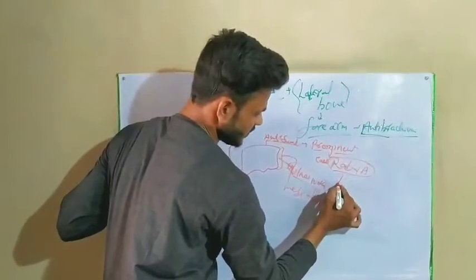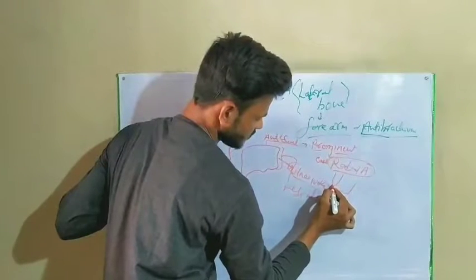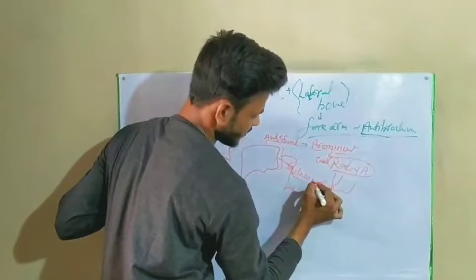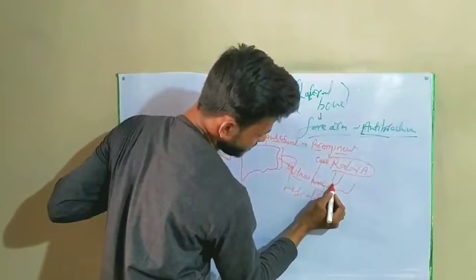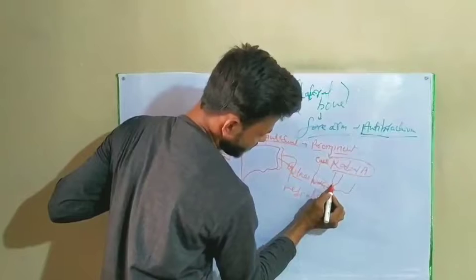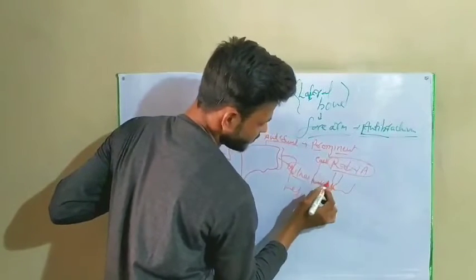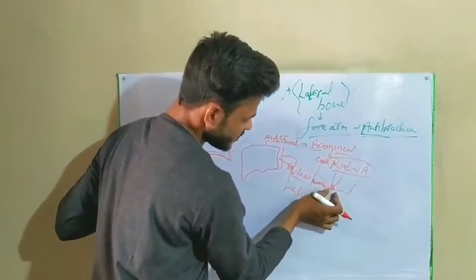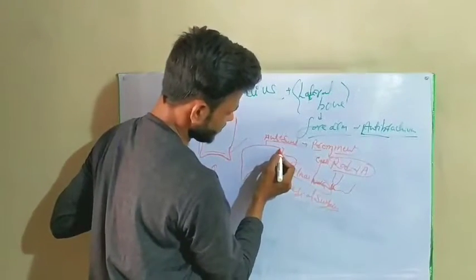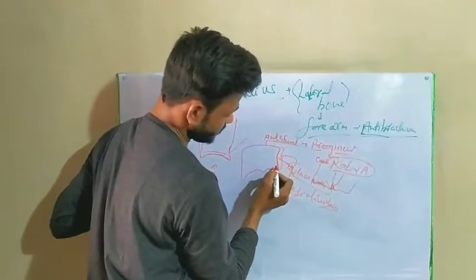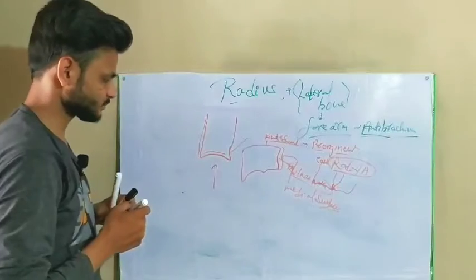Because the head of the ulna articulates with this notch and forms the inferior radioulnar joint. That's why it is called the ulnar notch, situated on the medial surface of the lower end of the radius.